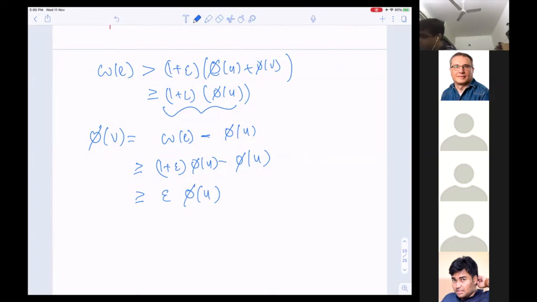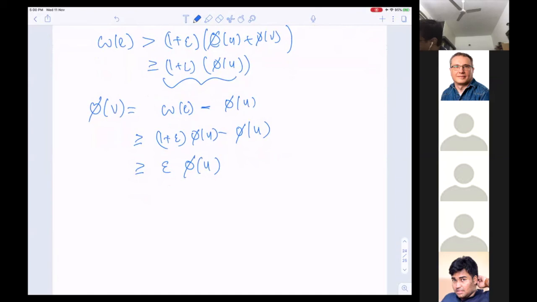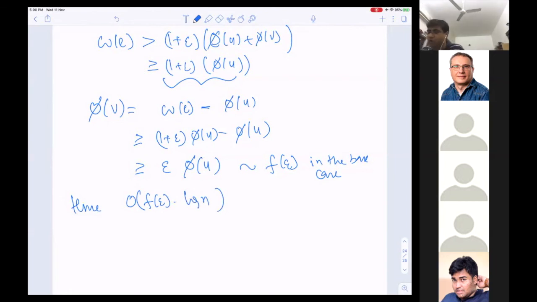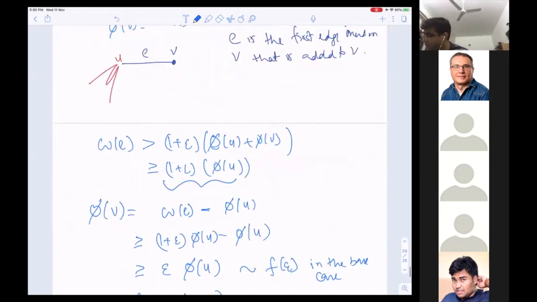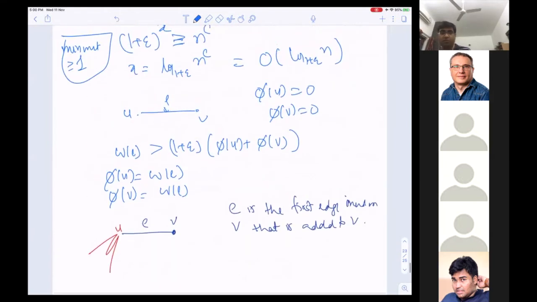So you can show that this will at least add some function of epsilon in the base case. Hence the number of edges that will be added is some function of epsilon times log, because you have got some quantity which is f of epsilon, and after this every time you will be multiplying by a factor of 1 plus epsilon, 1 plus epsilon, 1 plus epsilon.